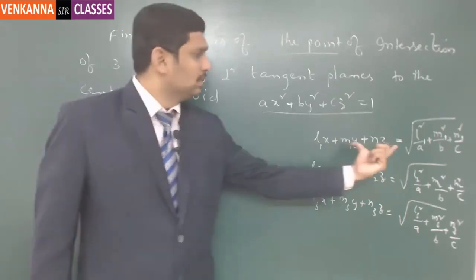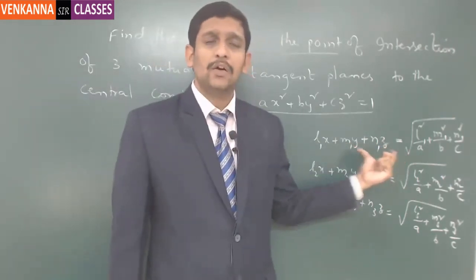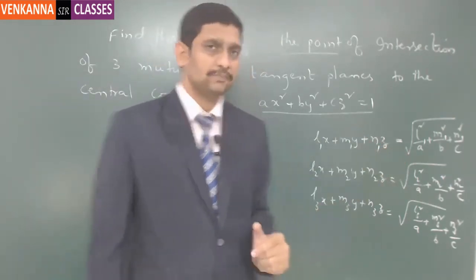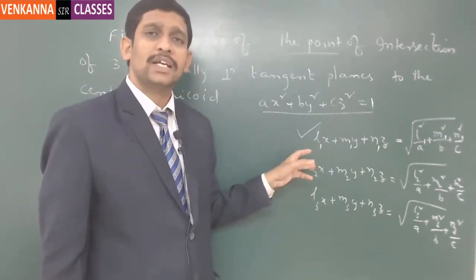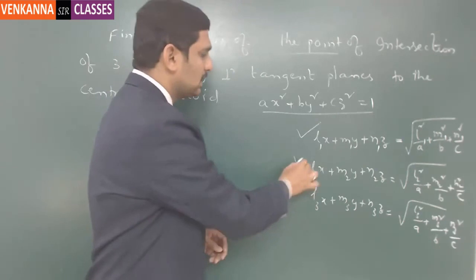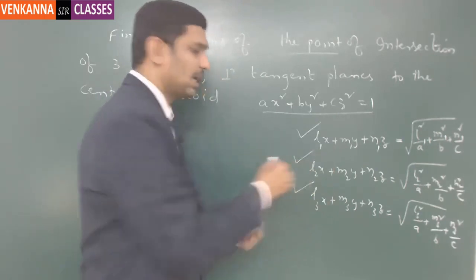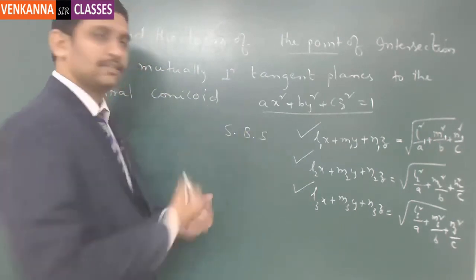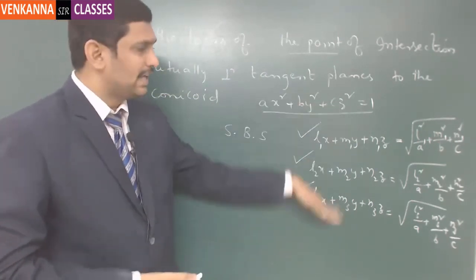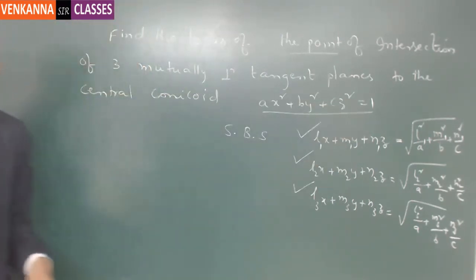So, you square both sides of each equation. Let us take squaring on both sides: first equation, second equation, third equation. Now add the three equations.